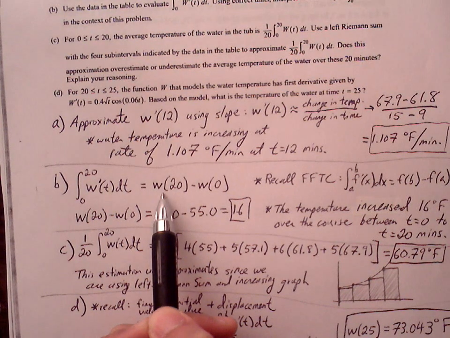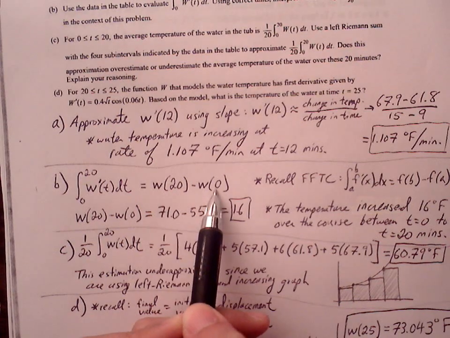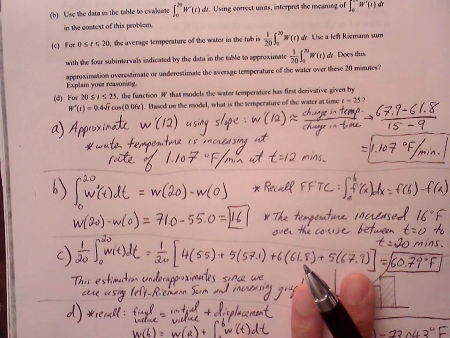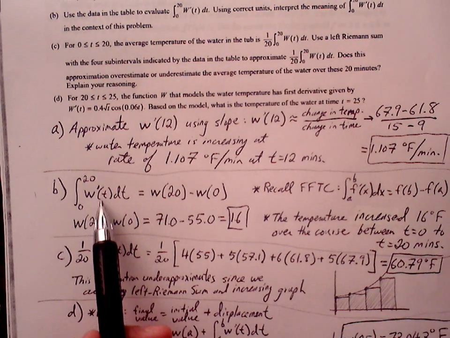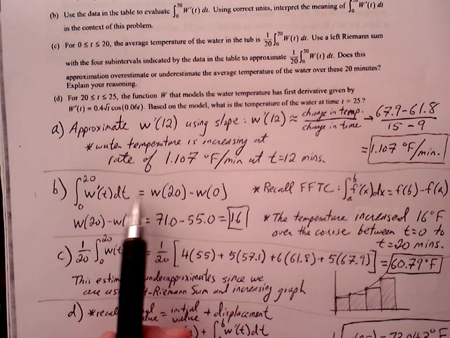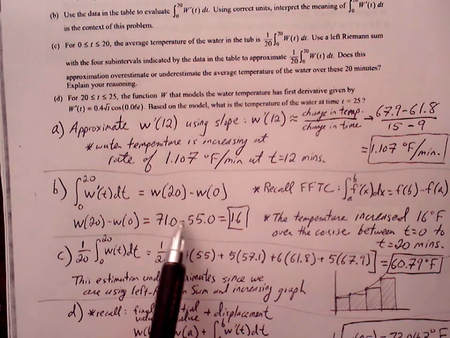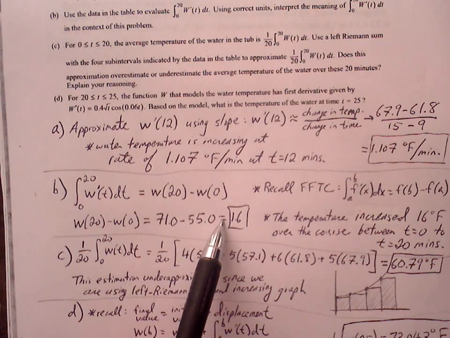Well, W of 20 tells us the temperature at the 20th minute, and W of 0 represents the temperature at time t equals 0. So the result of this definite integral of W prime is just going to be W of 20 minus W of 0, which is 71 degrees minus 55 degrees, which is 16 degrees.